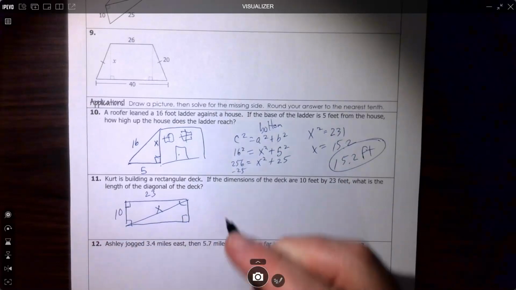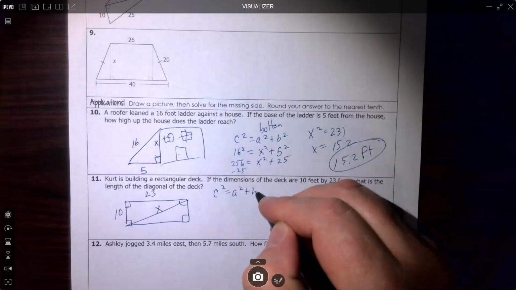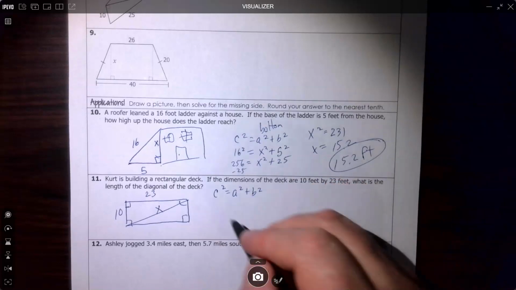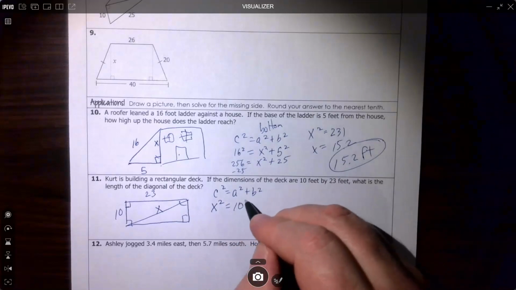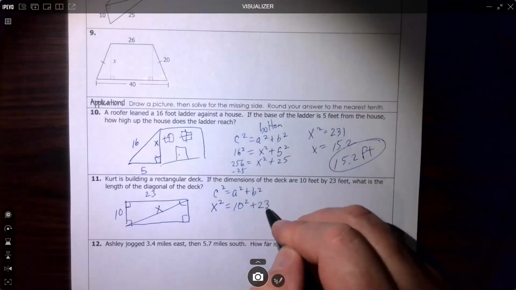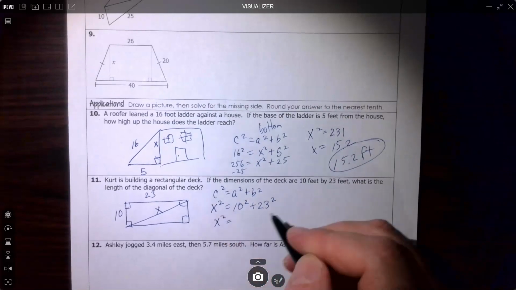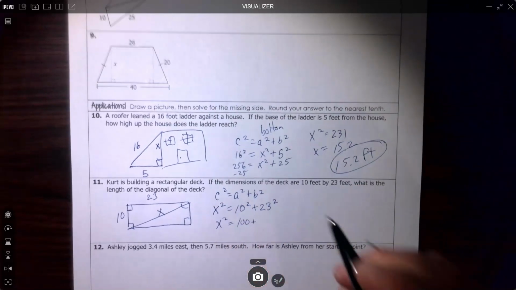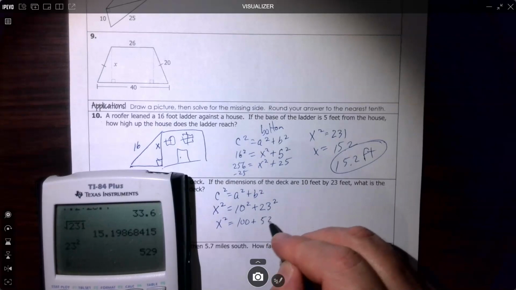So in this case, this is looking for the hypotenuse. So I put c squared. I don't know this time. We like these because this is the least amount of steps. We don't have any subtracting to do. So this is going to be not too bad. This is 10 squared plus 23 squared. 100 plus 529.